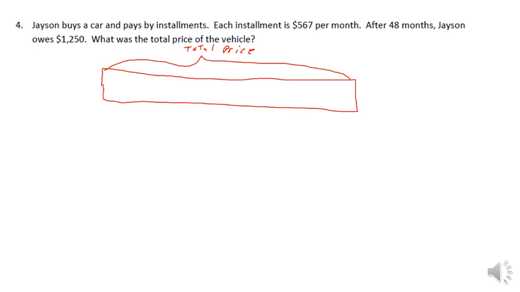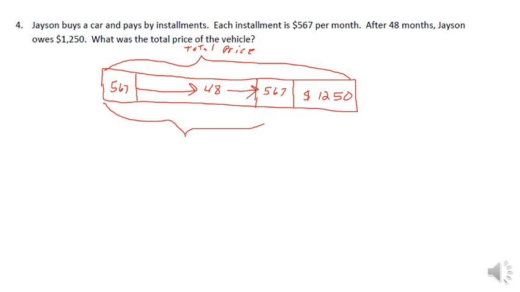Now they're telling me that after installments, they still owe $1,250. Now here, I know they have installments of $567 per month, and that is going on for 48 months.